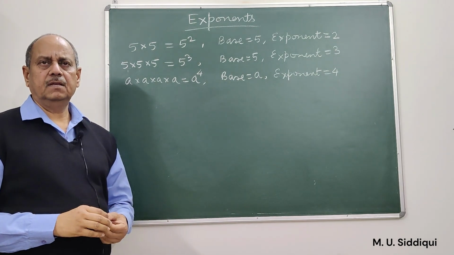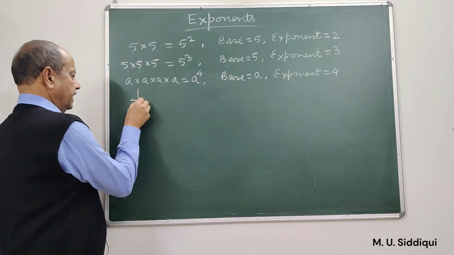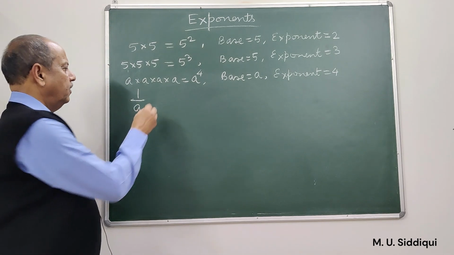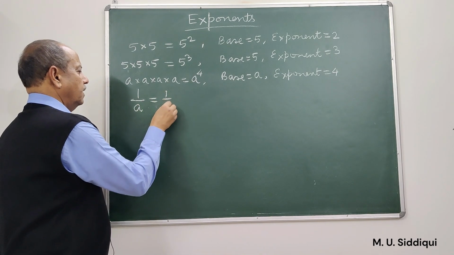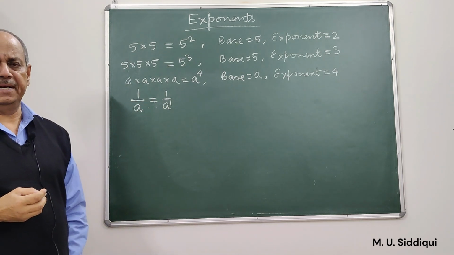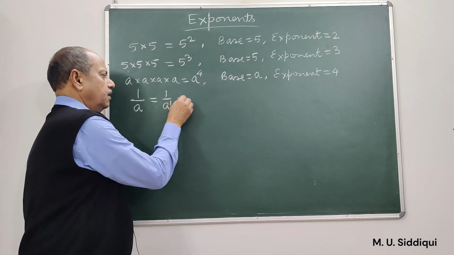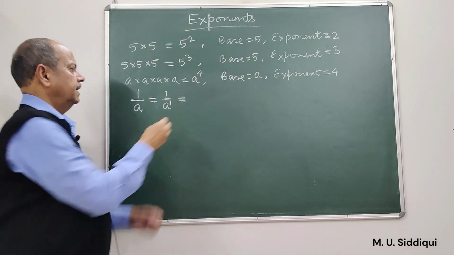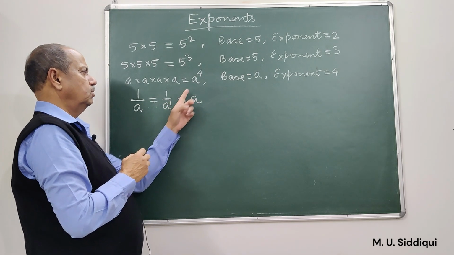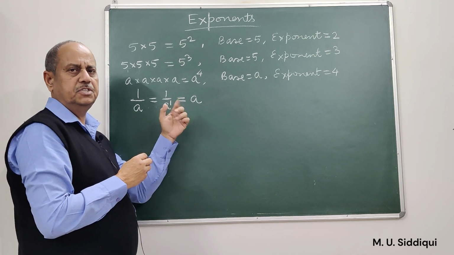Sometimes we have expressions where something is written in the denominator, like 1 upon a. 1 upon a means 1 upon a raised to power 1. There is a single factor in the denominator. If you want to write this in the numerator, you take it to the numerator and the sign of the exponent is changed.